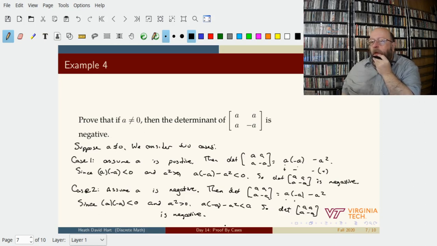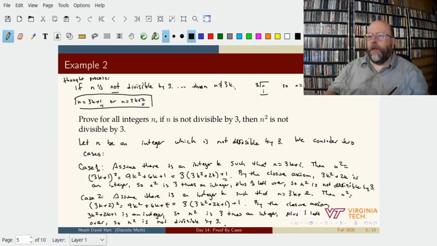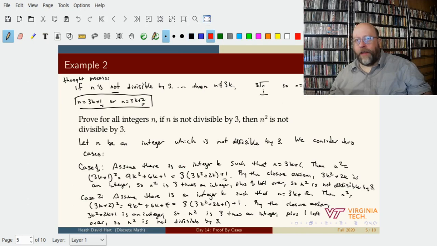All right. So I want to talk a little bit about this example. It's different from the last two that we've done. So I want to back up to the last two examples. Go to example 2, and I'll use a color to highlight this. Along the way, when we were doing the calculations for case 1 and case 2, we got different results.